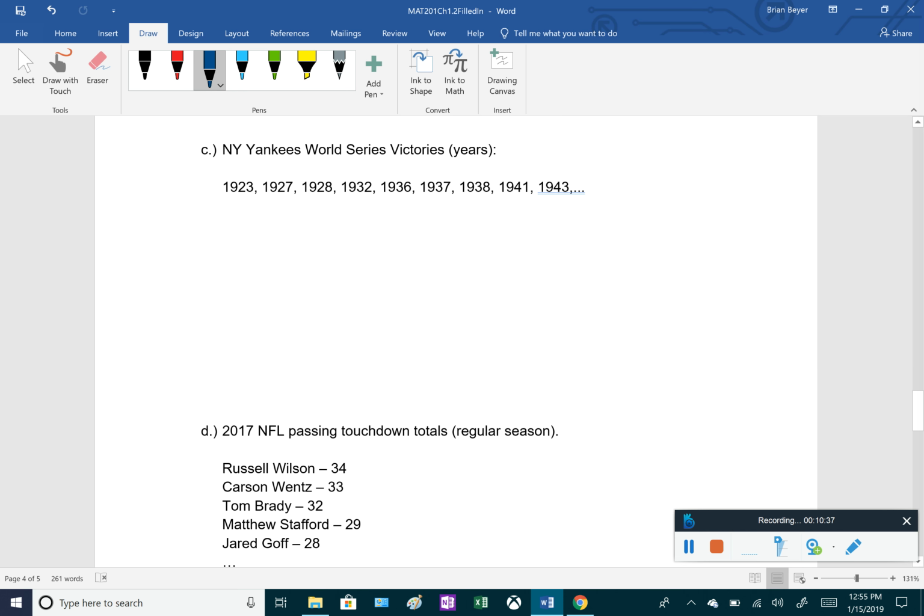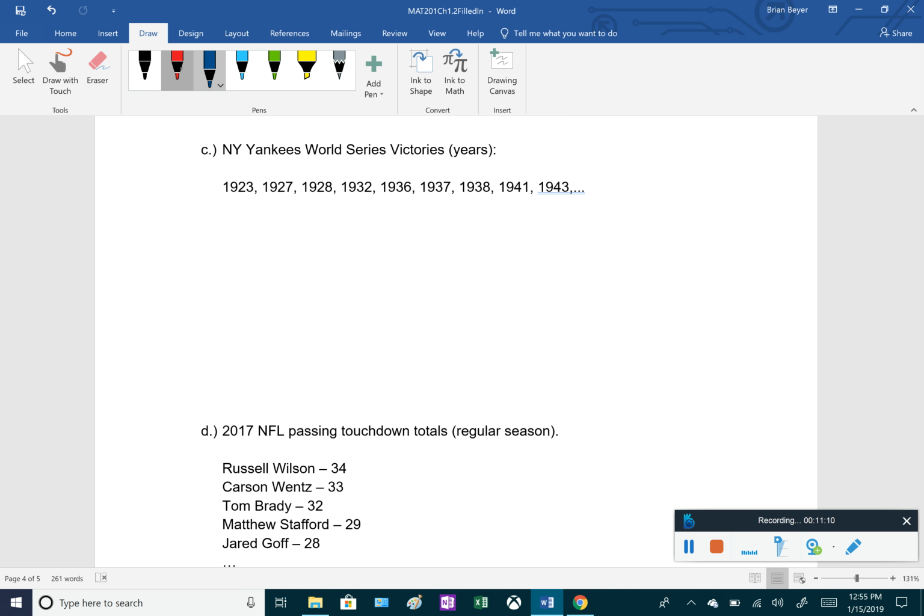For C, we have the New York Yankees World Series victories, and these are the years that they won the World Series. I didn't write them all down, but I started to write them down. So 1923, 1927, and so on. So these are years. So these are numbers. So this could technically be ordinal, interval, or ratio. So this is going to be either interval or ratio because we can do meaningful differences between the two numbers.